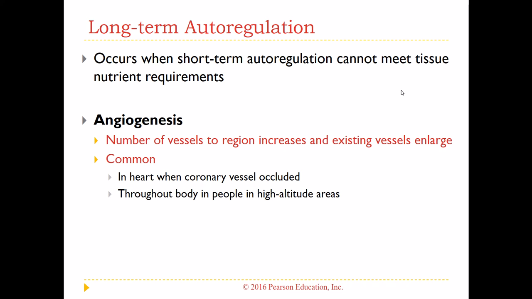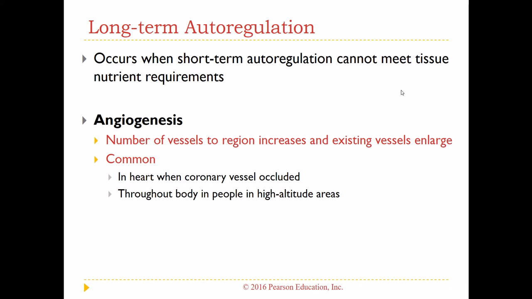It occurs in your heart if one of your arteries of the heart gets blocked. Not necessarily those two big coronary arteries, but if something like the circumflex artery had a blockage, then your heart could make a new blood vessel to go around. It's a detour basically to get past the blockage.